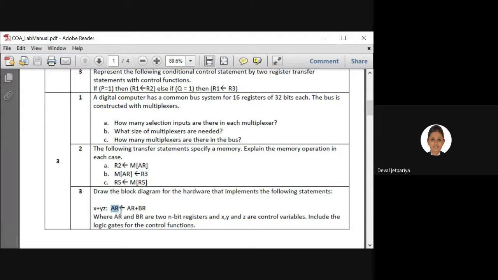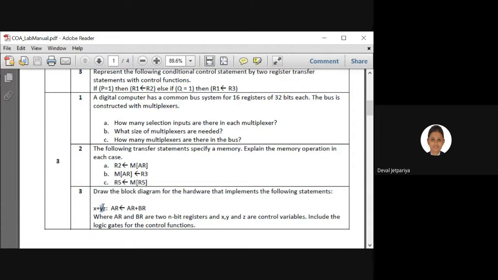Now we all know that for control signals we are going to use various logic gates. So see here, y and z are in the multiplicative nature. That means for y and z, you can use one AND gate, where you can specify multiplication of y and z.